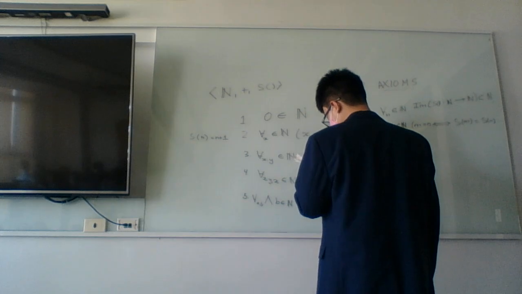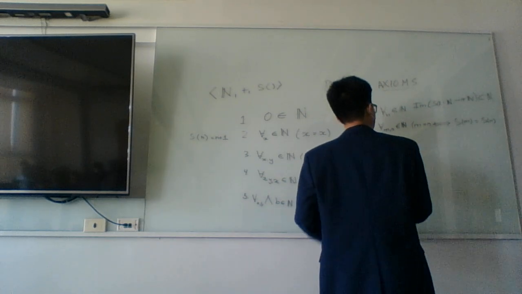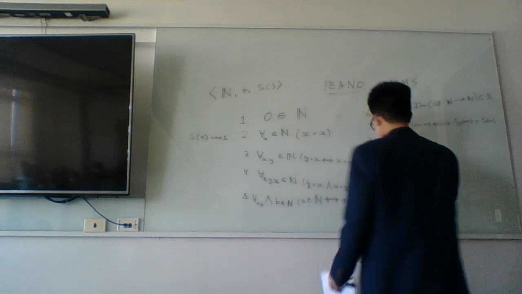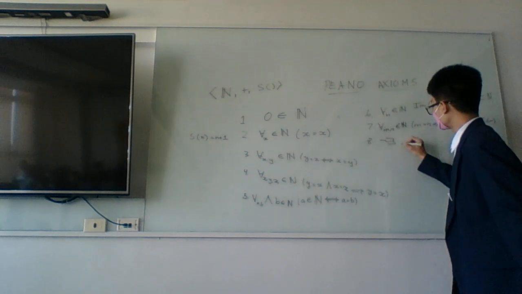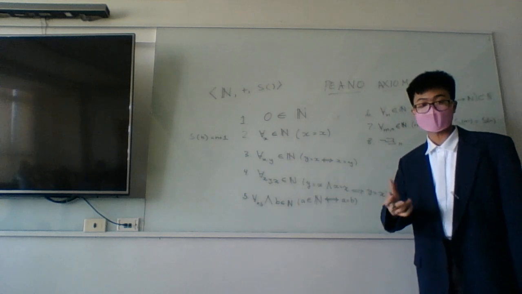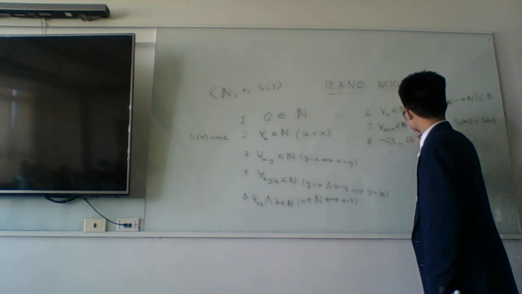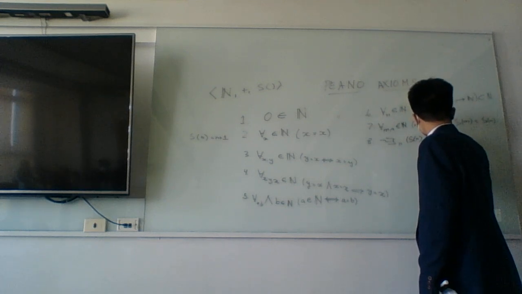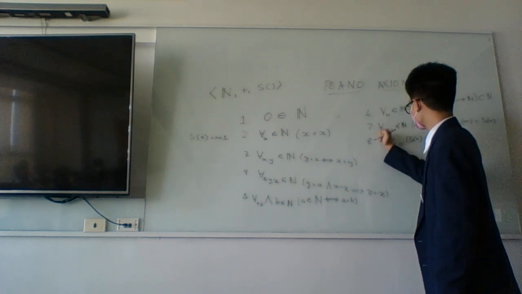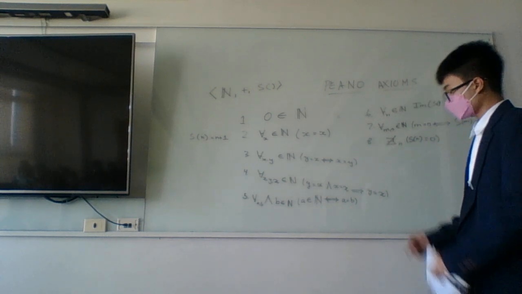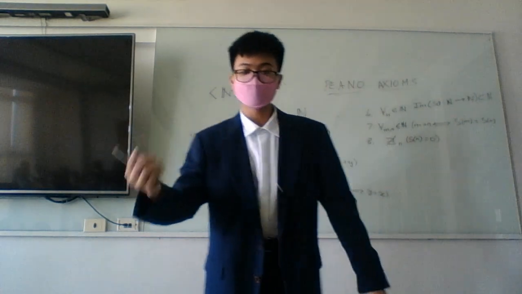The eighth one is that there does not exist a successor of 0, or there doesn't exist a natural number whose successor is 0. So you'll notice that there are no numbers below 0.